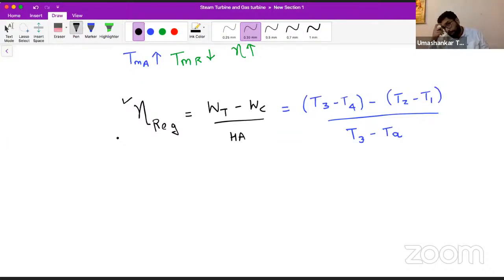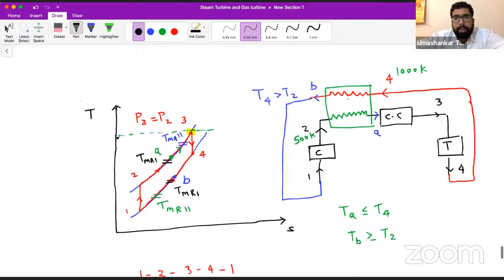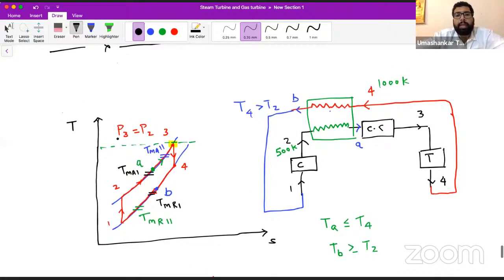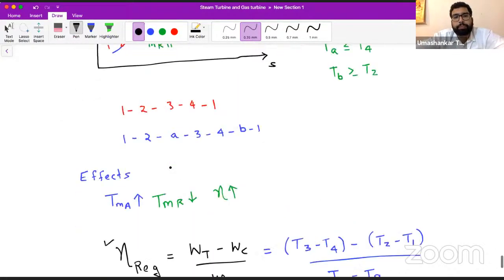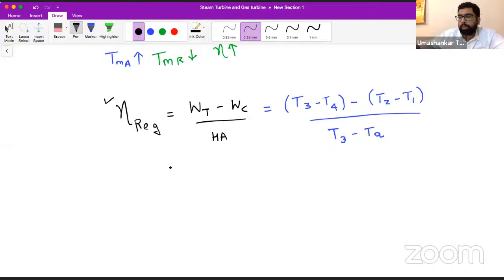For that, we will apply some concepts of heat and mass transfer. There is a topic in heat and mass transfer known as heat exchanger, so we will apply some basic concepts from there.